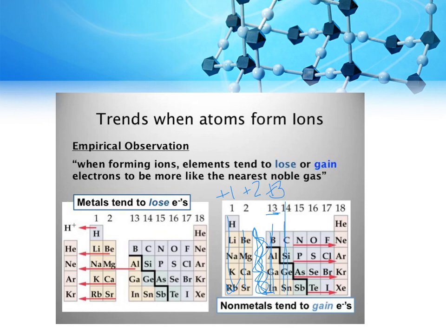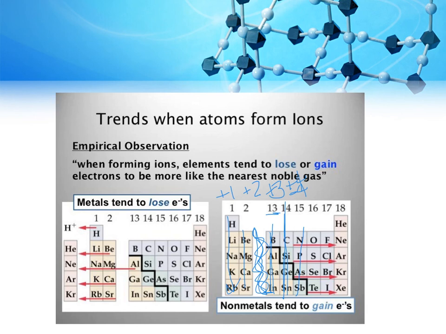Carbon, the group right in the middle of the periodic table, can either gain or lose 4 electrons, so it can end up with either +4 or -4. The nitrogen group, now we're at nonmetals, and nonmetals tend to gain electrons and become anions.